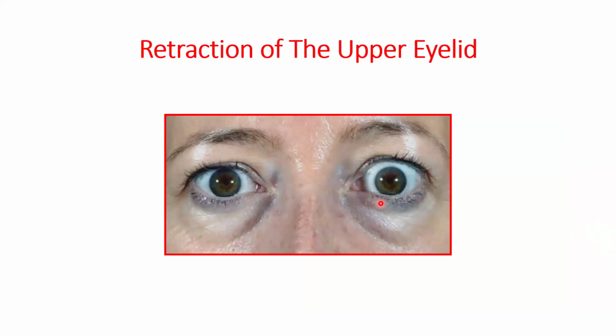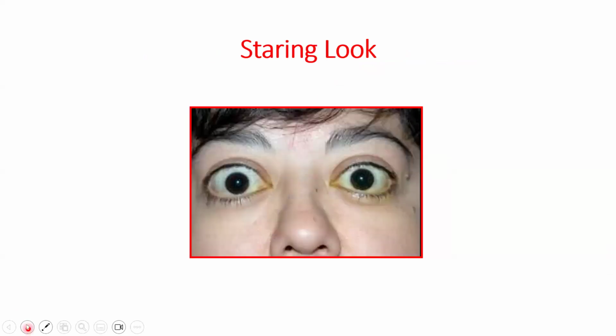It can be unilateral, like in this patient, you see, the right eye here is relatively normal, while the left eye has lid retraction, okay? Or it can be bilateral, like in this patient.